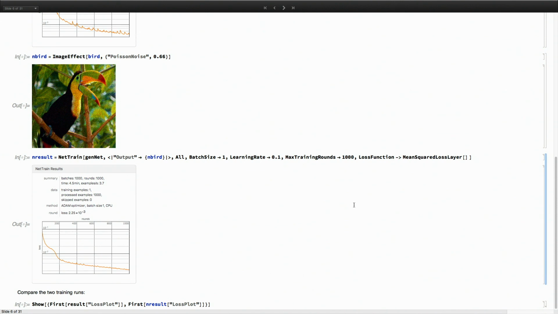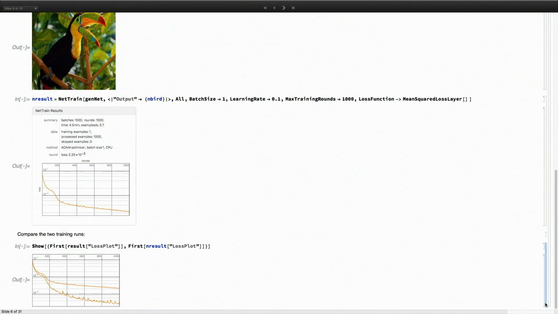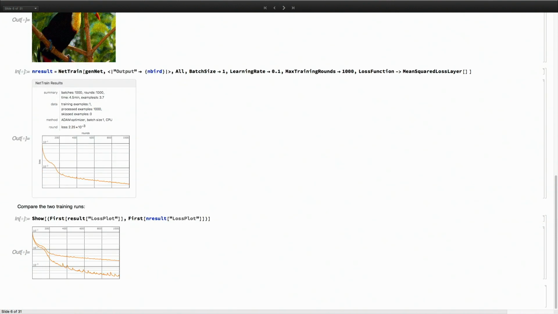But if you compare the two fits, the two loss plots, you will see that the one with noise, now at the very bottom, I should bring it up a bit, fits much less well than the one that was a completely natural image. So apparently convolutional networks or deconvolutional networks have a tendency to go for natural looking images. In a way they have a prior for natural images, and we can take advantage of that.